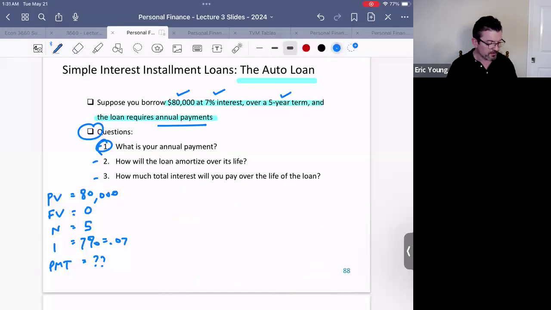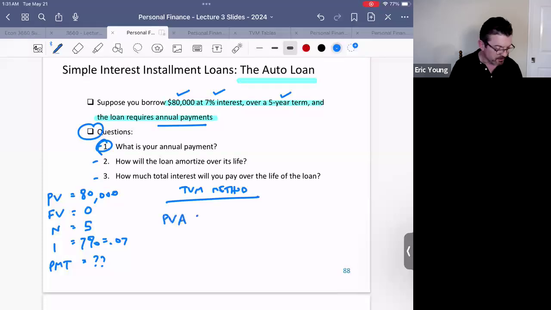We also know from our time value discussion. So our first method was the formula method. Our second method is going to be our TVM method. We learned in a previous lecture that the present value of an annuity, and again, a loan is an annuity because we're making a series of annual payments to pay it off. So we can just take our annuity knowledge.